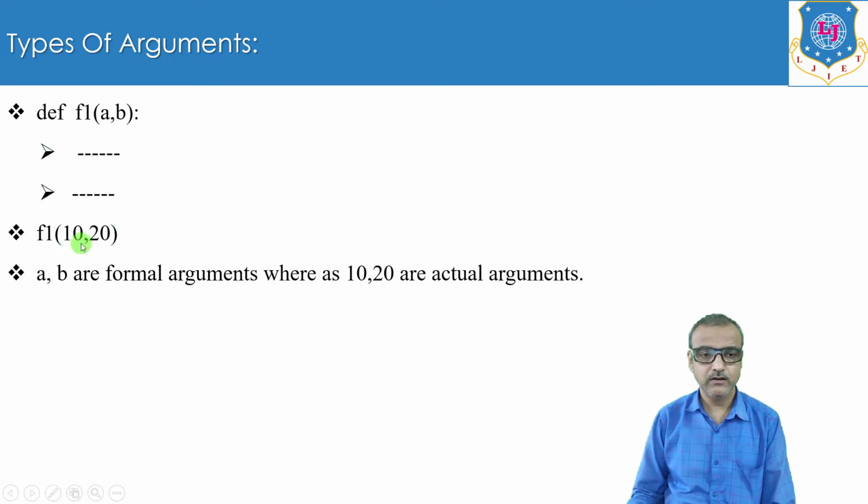Here we are calling this function f1(10, 20). So what is the difference between this a and b and this 10 and 20? See, a and b are formal arguments, whereas 10, 20 are actual arguments.